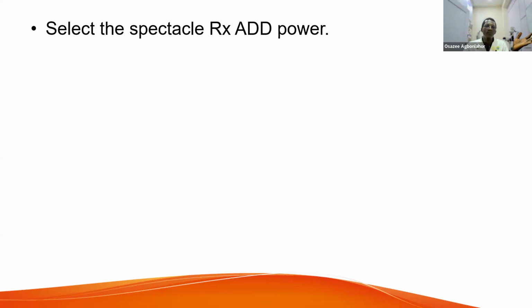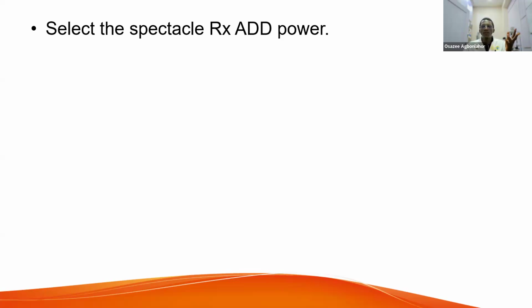And select your add power. Now, the add power can be low add, mid add, and high add. So the low add is usually from 0.75 to 1.25. Now, this is a bit different for other companies. Okay? This is for ProClear.